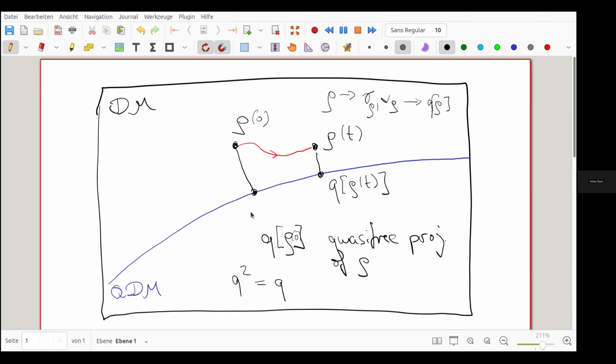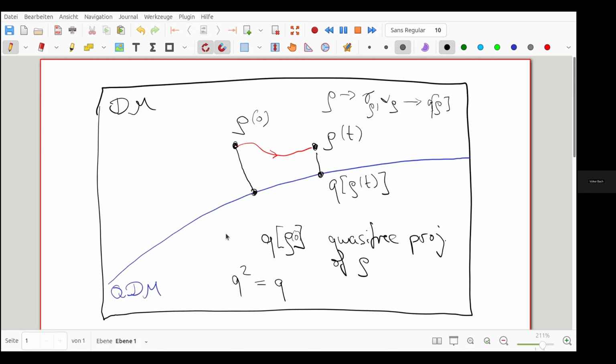So Q of rho is really the function that I had in mind in the introduction, in the perspective part, which I called the capital Y. We get a simpler object from the more complicated one.